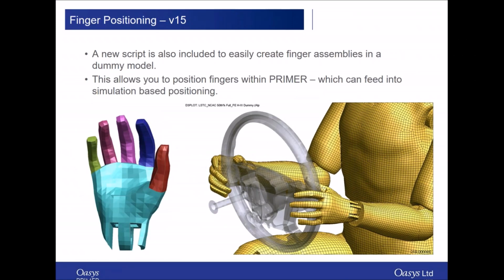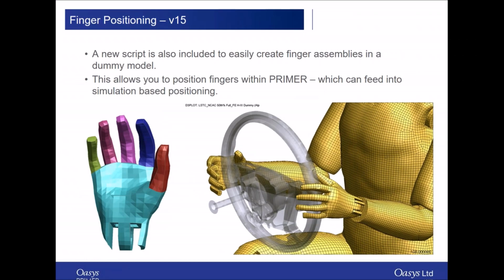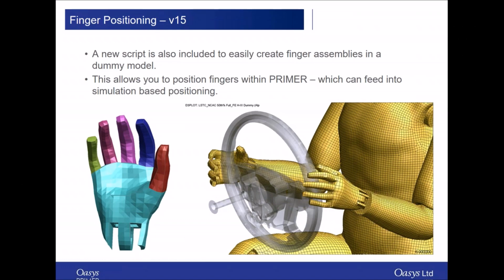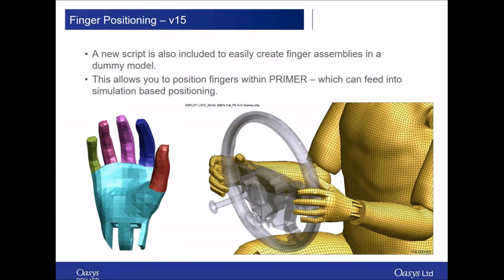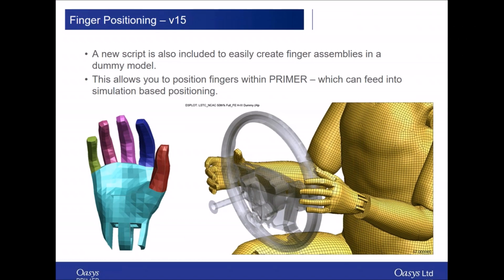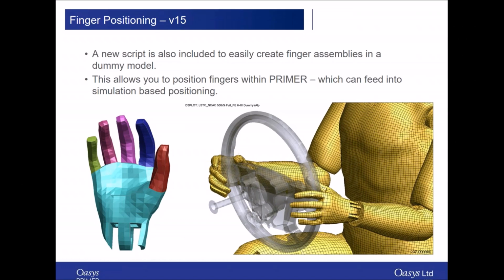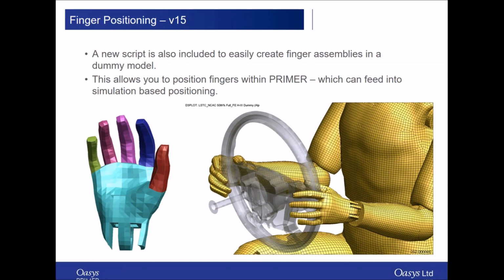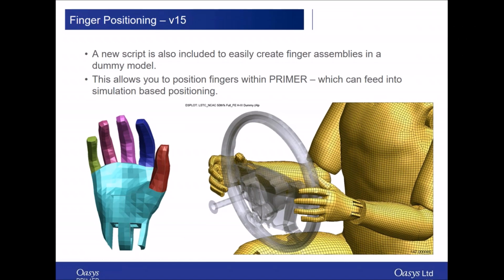And this is another thing that was added. This was actually added into version 15. If you're interested in looking at the positions of fingers in dummy models, we've included a script that makes it easier for you to position fingers, because when you receive a dummy model, generally the whole hand is in one assembly, which means it can move around on the wrist, but the fingers can't move independently of the hand.